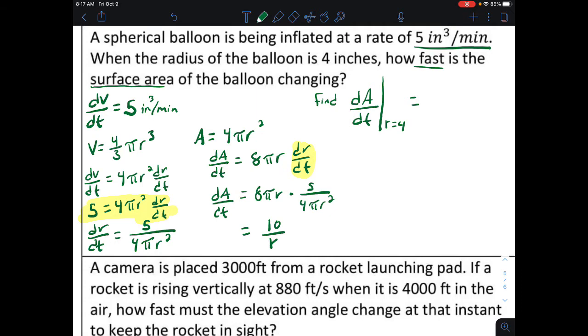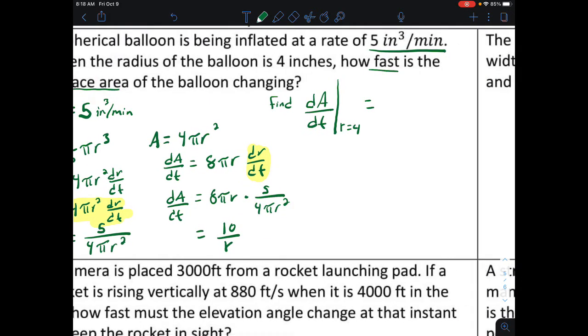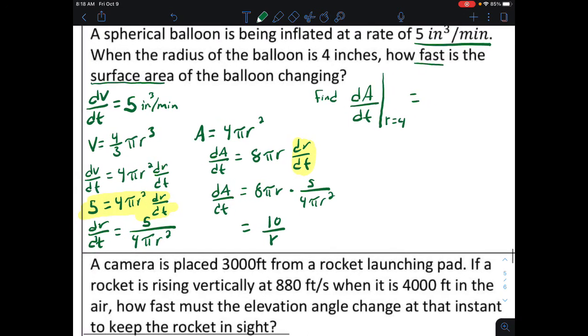Well, now we'll go back to what it is we were trying to find, the rate of change of our surface area when r is equal to 4. So we're going to put 4 in for that r, and then we'd simplify, and that gives us 5 over 2. Now we have to attach units here. The rate of change of surface area, that is, area is two-dimensional, and our units are inches, so it'd be inches squared per unit of time, and our time here is in minutes.